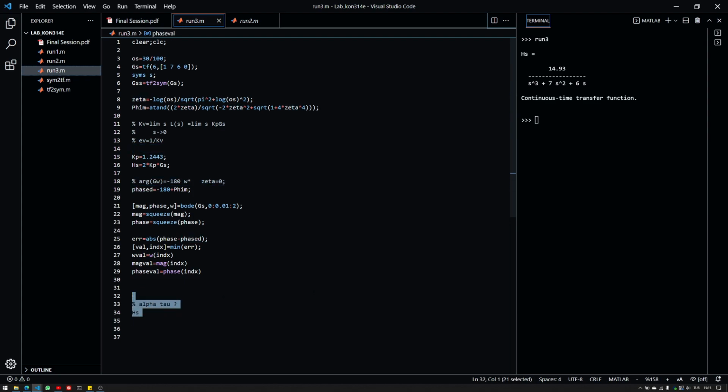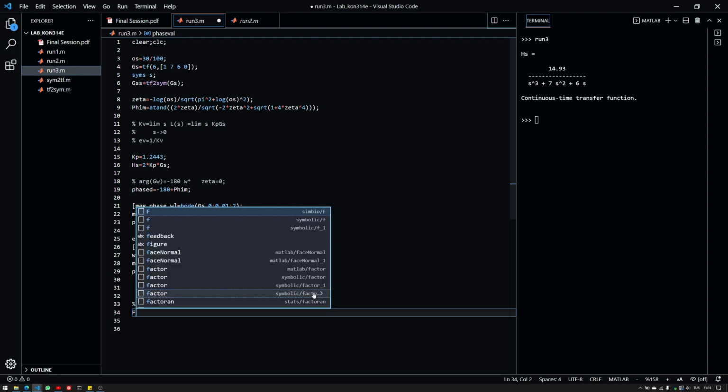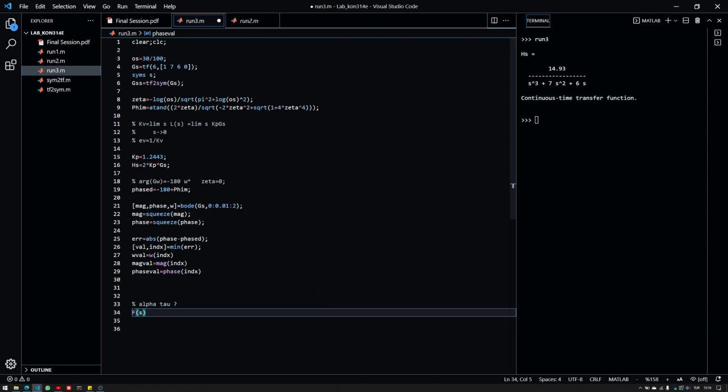Now let's look at this problem. I'm looking for F(s), which is defined using alpha and tau, and I have F(s) times L(s), or H(s) in this case, it's identical. Let's say H(s). And my closed loop will consist of this here divided by 1 plus this. Hope that this makes sense.